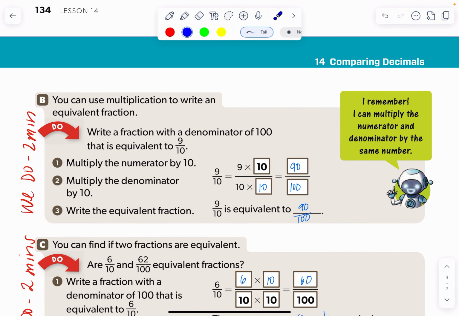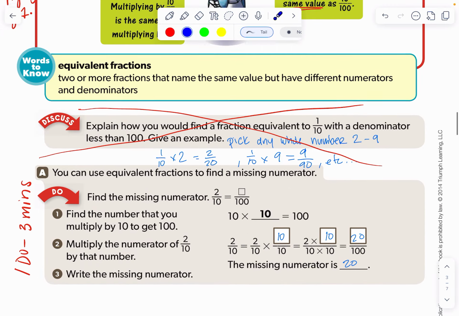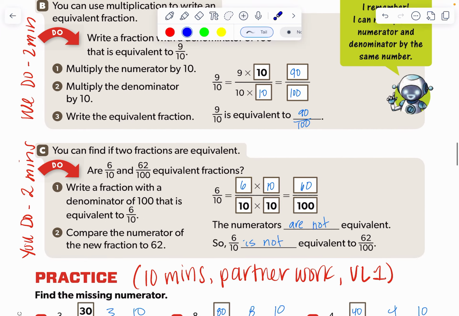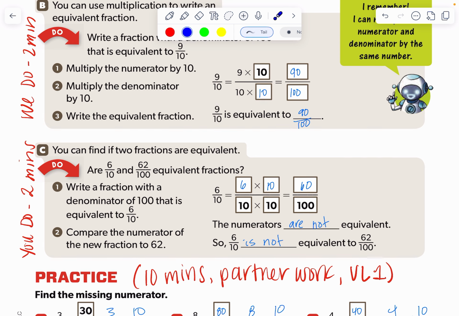This question is asking you to write a fraction with a denominator of 100 that is equivalent to 9/10. So same question as the one that you just did with 2/10. Students should be able to see the through line, and then launching them into a you do question or even a turn and talk around our 6/10 and 62/100 equivalent, right?